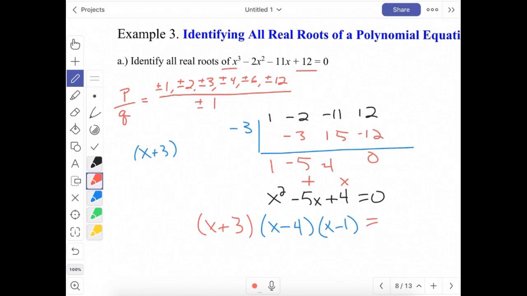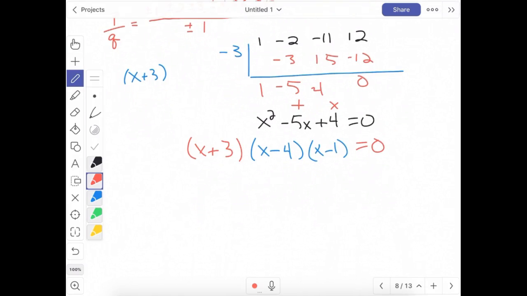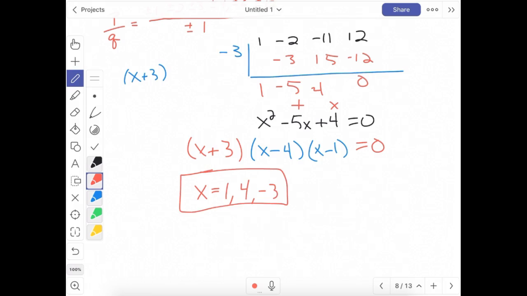So each of these is a factor of this problem. In solving, we would get x is equal to 1, 4, and negative 3 as our 3 answers for this. Each of those has a multiplicity of 1 because each of them only occurs one time.